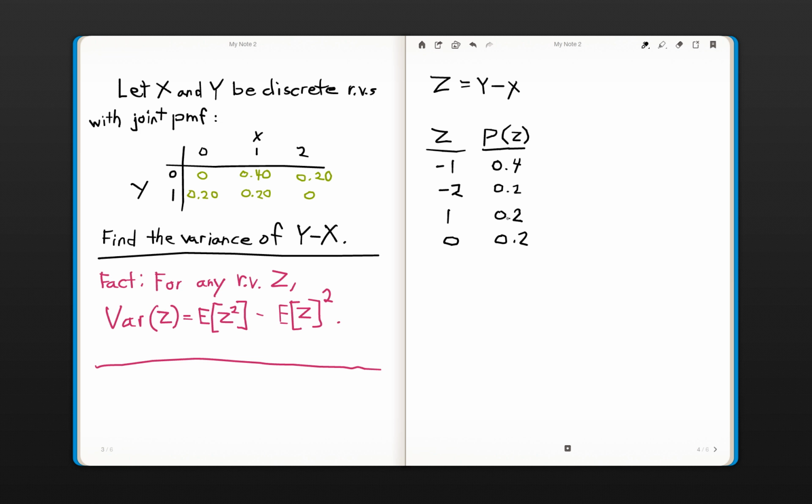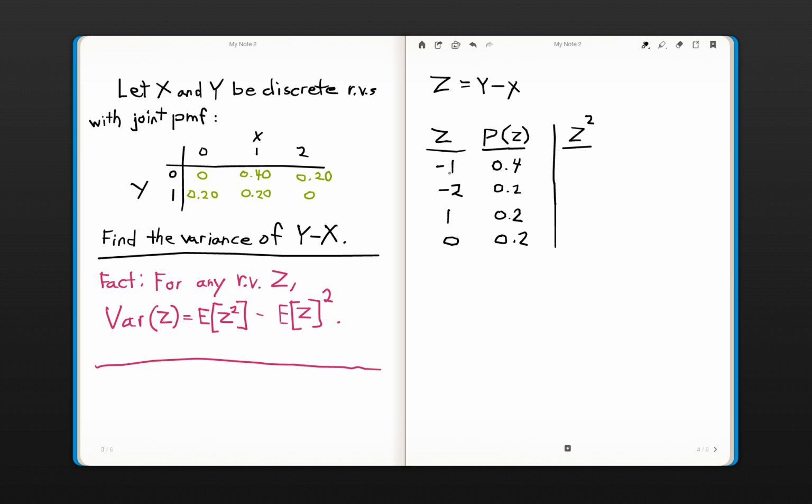We could compute the expected value of Z now, but we're on a roll, so we'd like to look at Z squared, which is Y minus X squared, since we're trying to find the variance of this. You can get Z squared just from here, since you already have the values Z can take on.